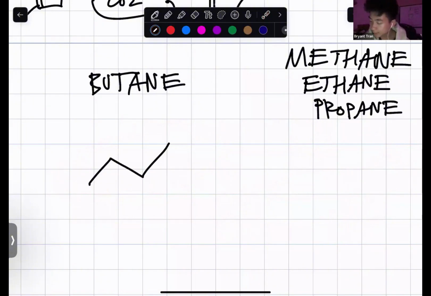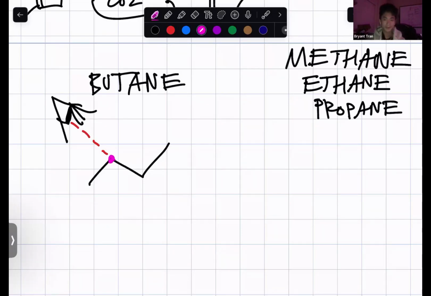Now let's say this is your eye, and you're looking straight on at this pink carbon right here. The carbon behind it is going to be a blue carbon. Because you're looking straight on at the pink carbon and the blue carbon is hiding behind it, the bond between the pink and blue carbon is invisible.